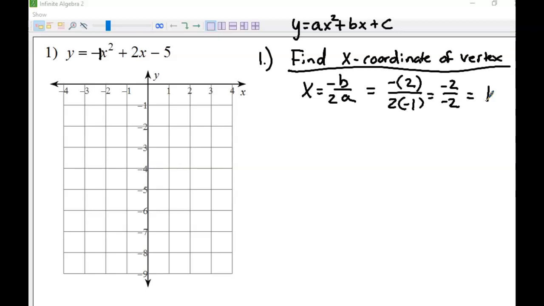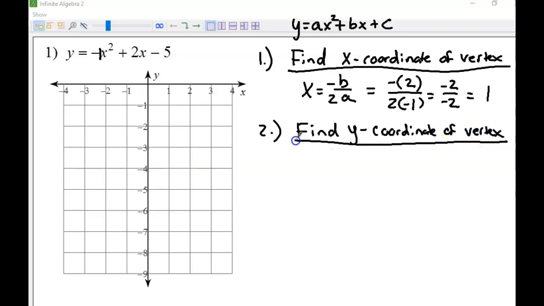The next thing we're going to do after that is find the y-coordinate of our vertex. The way that you do that is by plugging in the x value that we got from the last step.